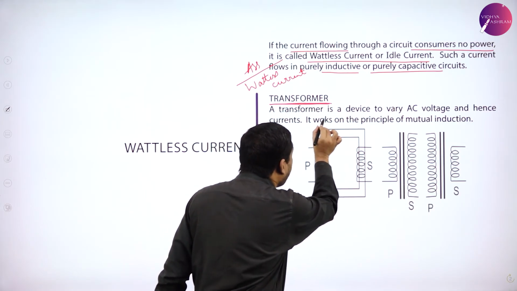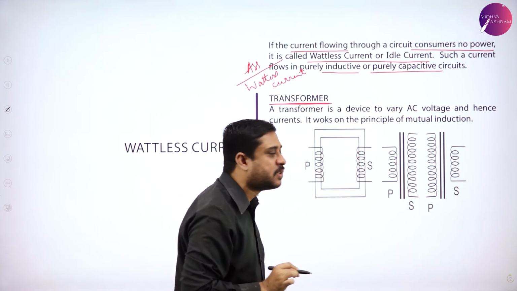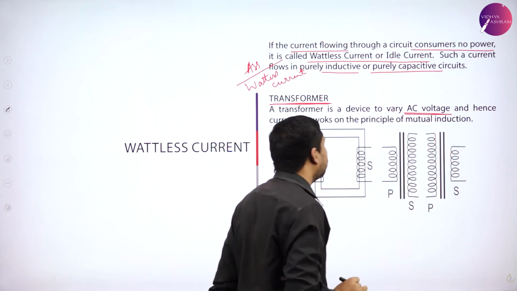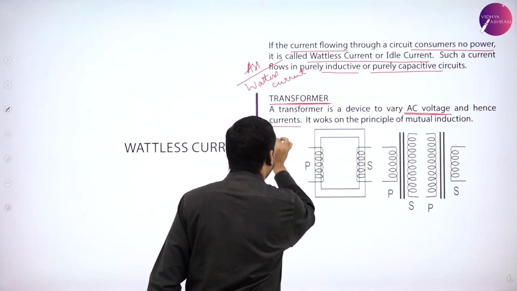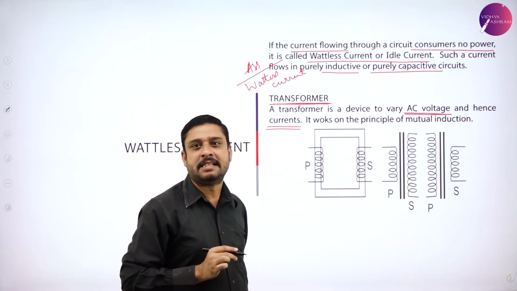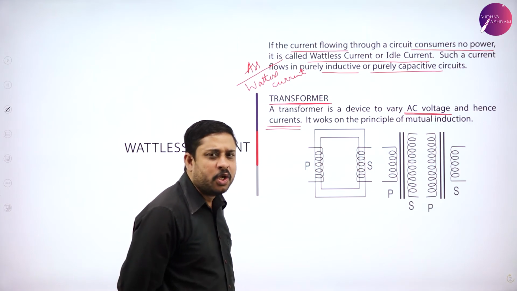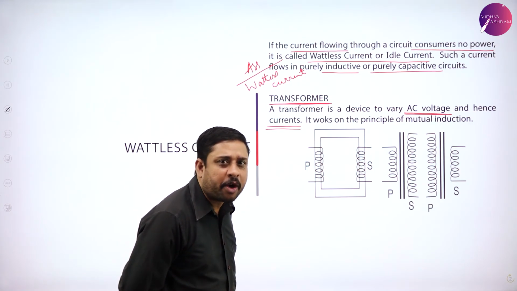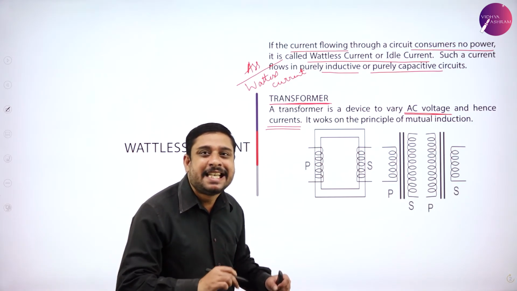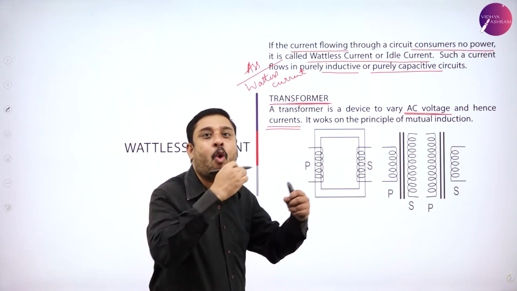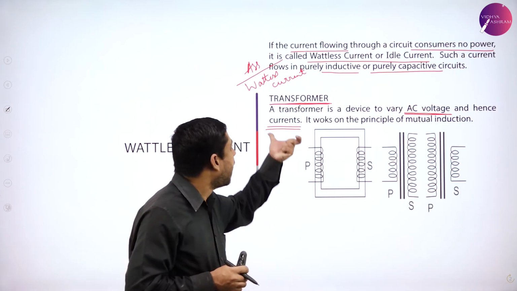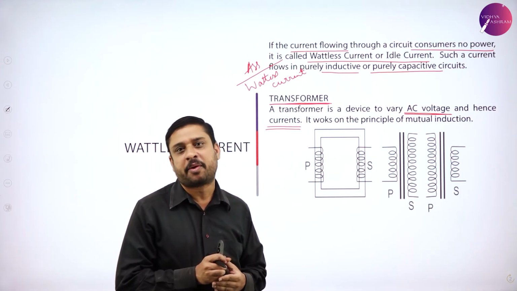A transformer is a device used to vary AC voltage and hence AC currents. Why do I use a transformer? If I need to vary or change AC voltage or AC current, I use a transformer.